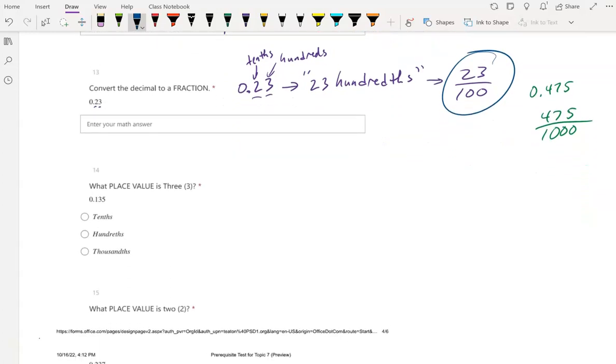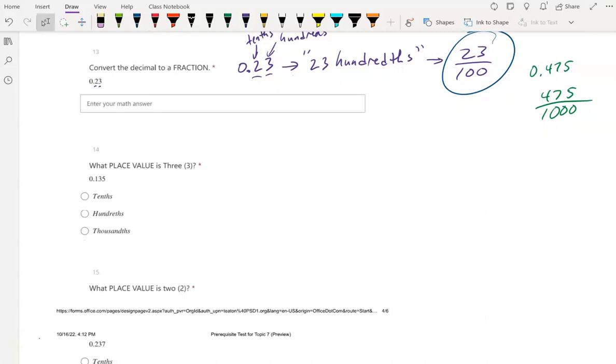Okay. Question 14, what place value is the 3? Well, let's see, where is the 3? The 3 is right here. The thing you have to remember about decimals, the first place after the decimal is the tenths place. The second place after the decimal is the hundredths place.